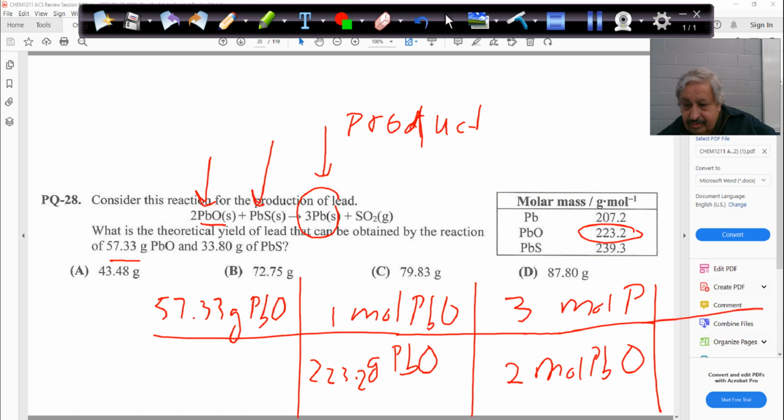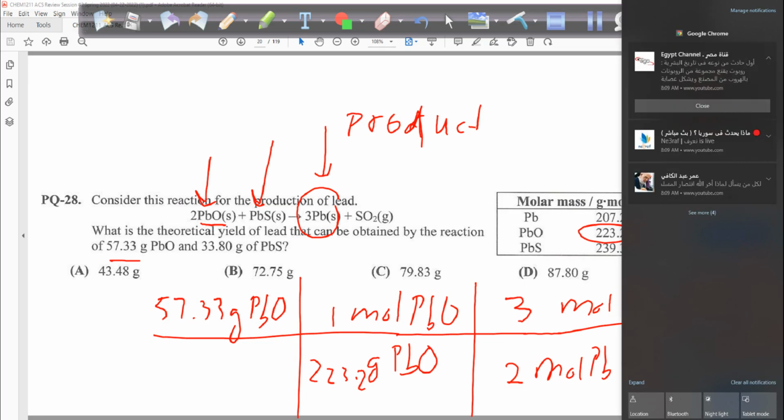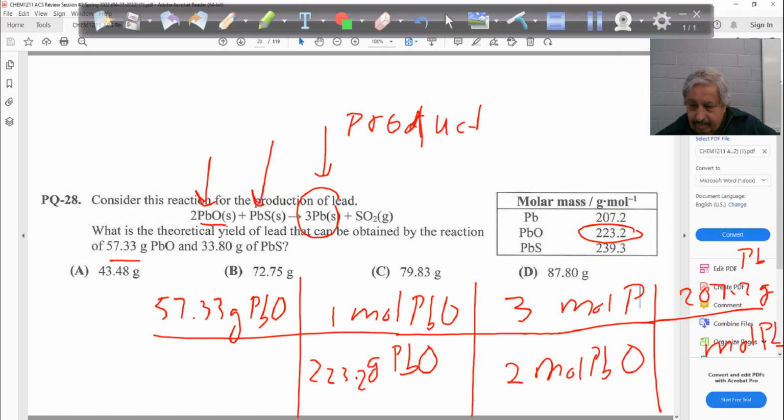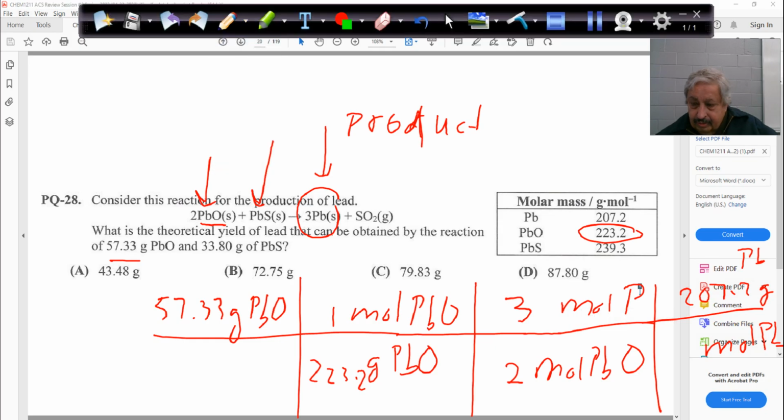Multiply by the molar mass of lead, which is 207.2 grams of lead to mole of lead. This is lead here.